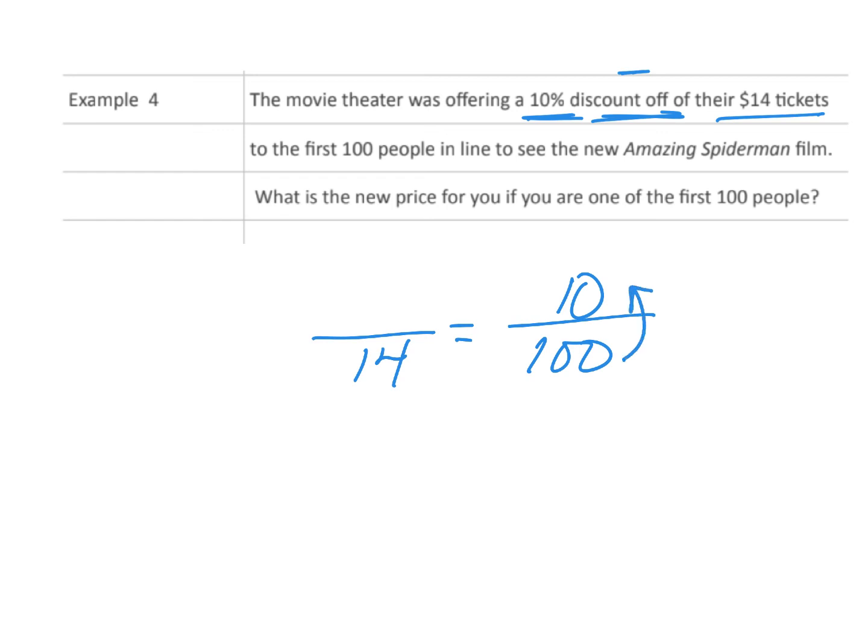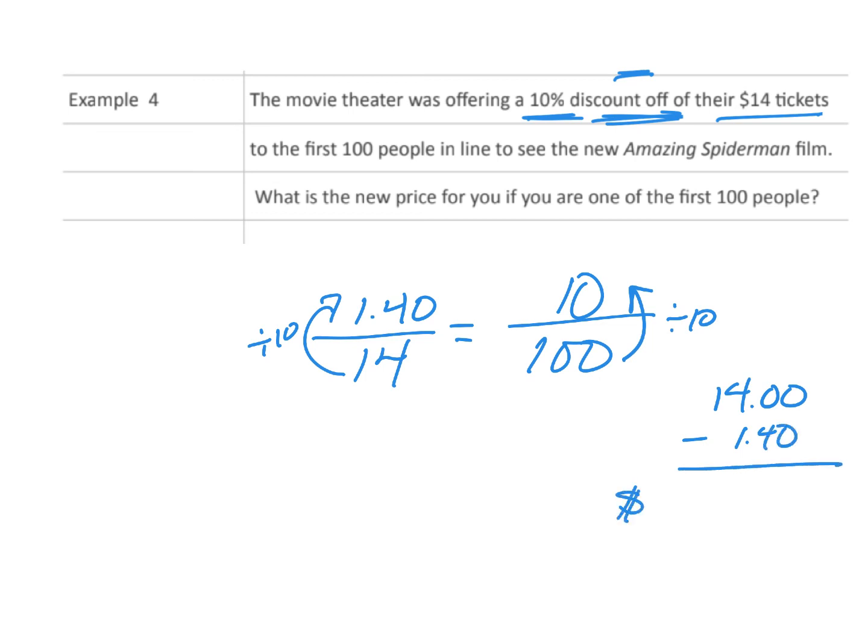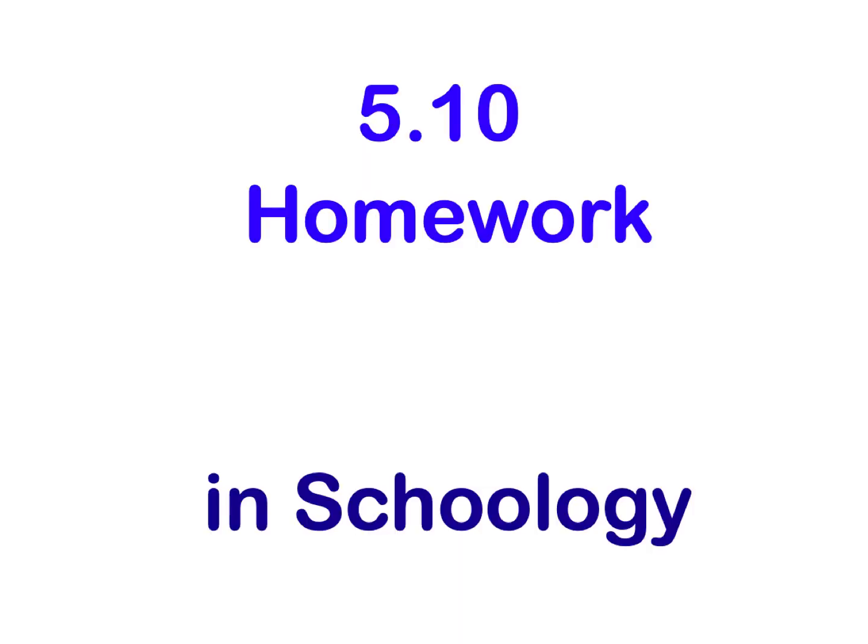Well, let's do it the easy way. We're going to divide by 10. So 14 divided by 10 is going to give us $1.40. It's a discount, so we're subtracting. So $14 minus the $1.40. If we're one of the first 100 people, we're going to pay $12.60.